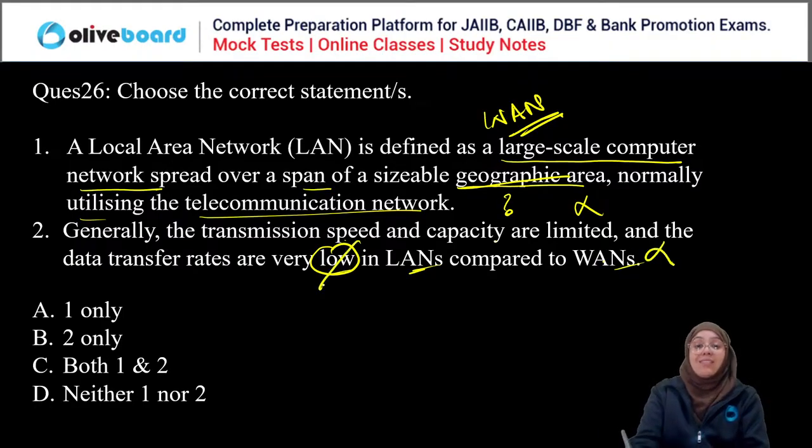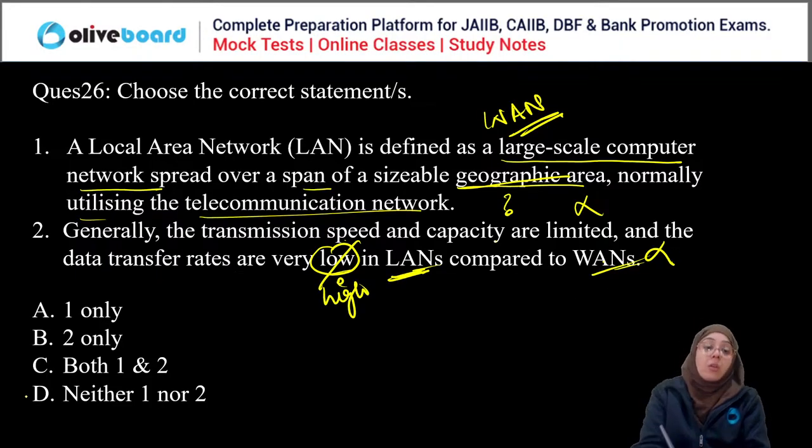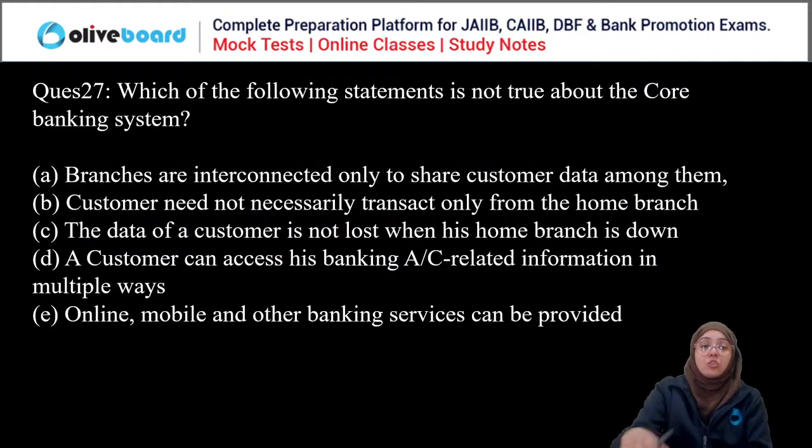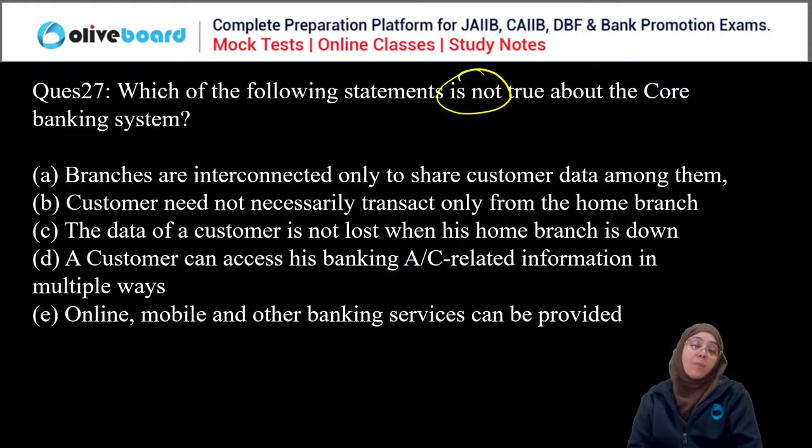False. These are high in the LAN if we compare it to WAN, right? So neither one nor two is the correct statement. None of you has given me the correct answer. D is the correct answer. Next question. Which of the following statements is not true regarding the core banking system?